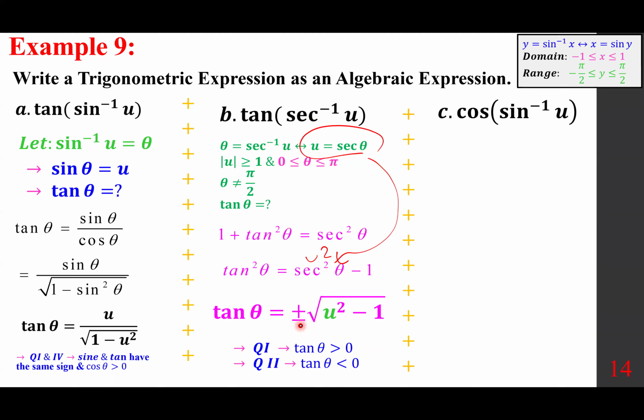What about cosine of sine inverse of u? Well, let sine inverse be theta. And of course, because it's sine inverse, we know theta is between negative pi over 2 and pi over 2. That means quadrant 1, quadrant 4, those two quadrants. So if that is the case, that means sine of theta must be u.